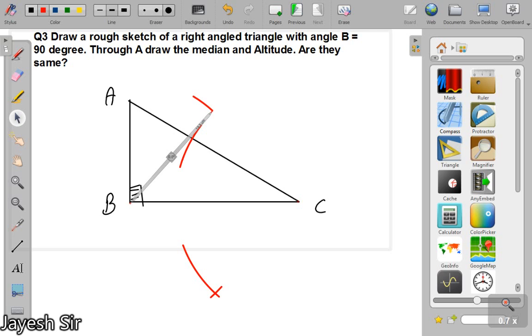Now my arcs did not meet the first time, so I once again take my compass to point C and, without changing the length of the compass, I extend this arc. In that manner, by joining these 2 points, I can get the midpoint of BC.